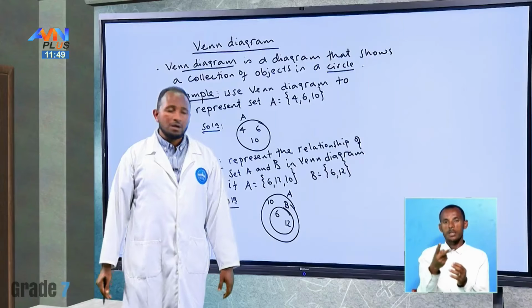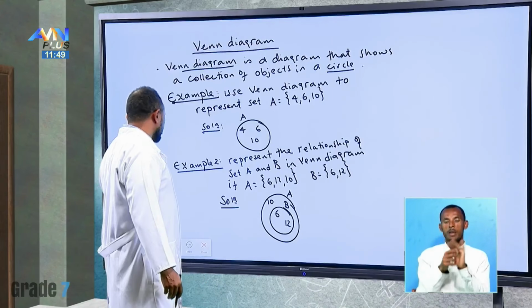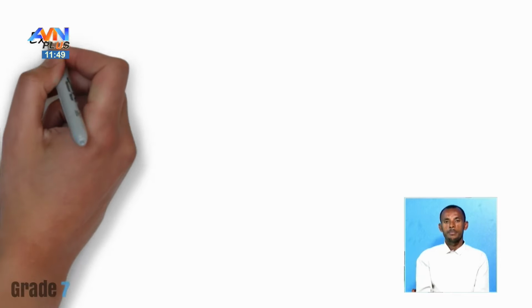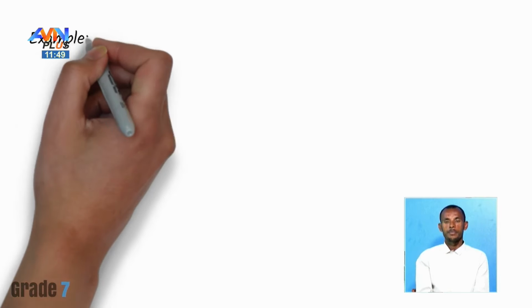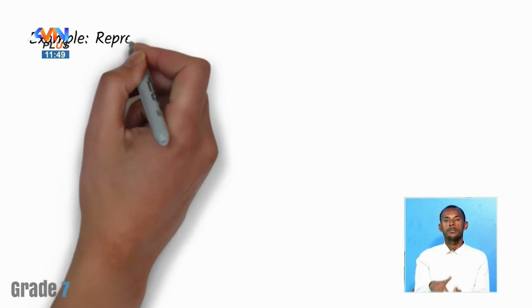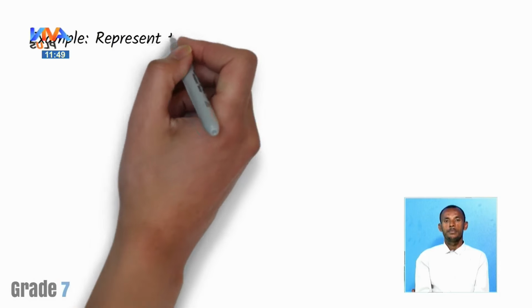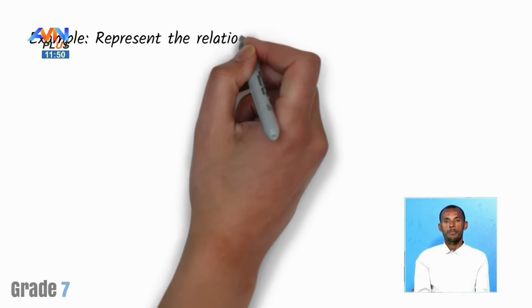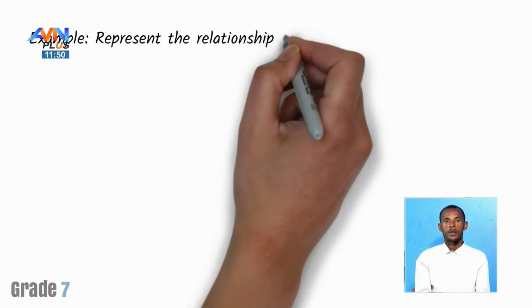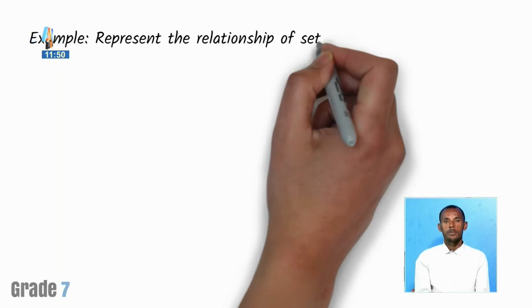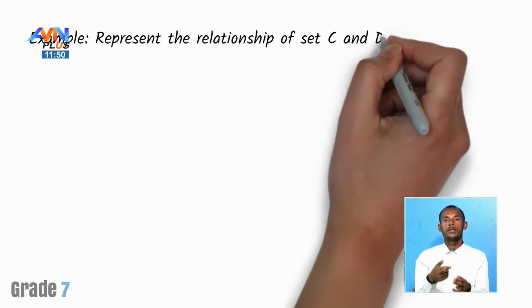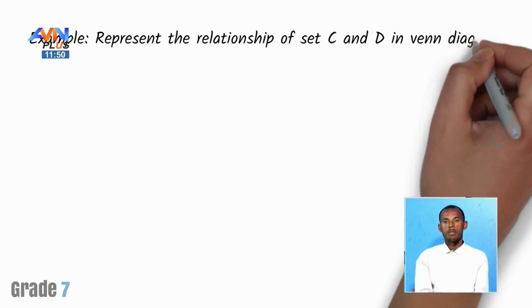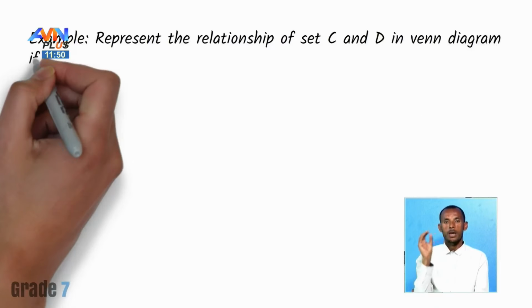Let's see an additional example. Represent the relationship of set C and D in a Venn diagram.